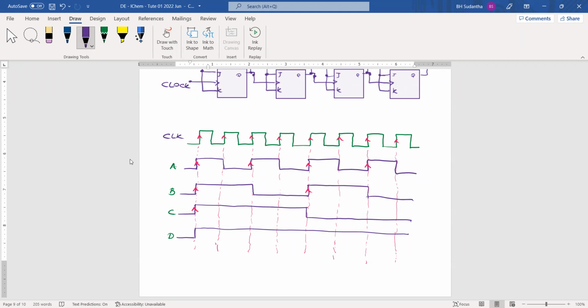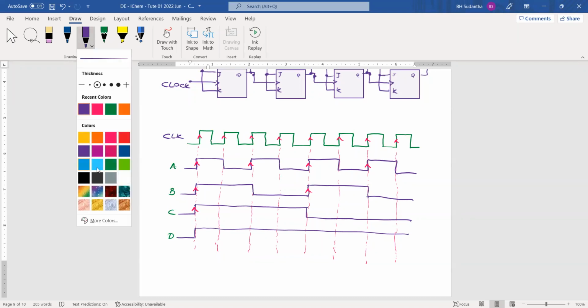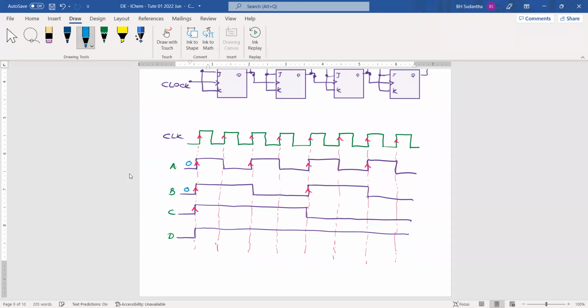Because we have to draw these type of things for at least a couple of clock pulses, then we can show what type of counter this is. Okay, and to do that, we can put numbers here. This is 0, 0, 0, 0. The next one is 1, 1, 1, 1. Then this is 0, 1, 1, 1.